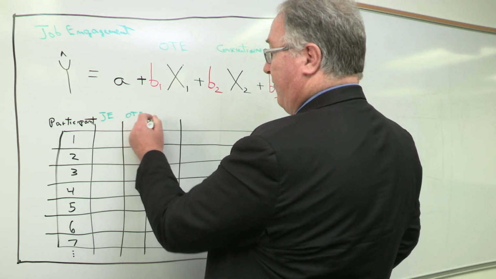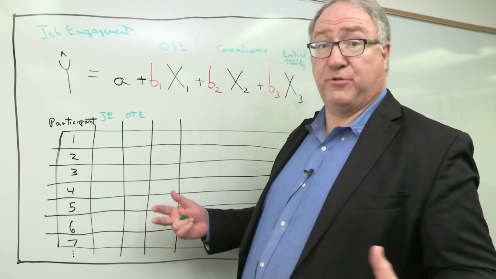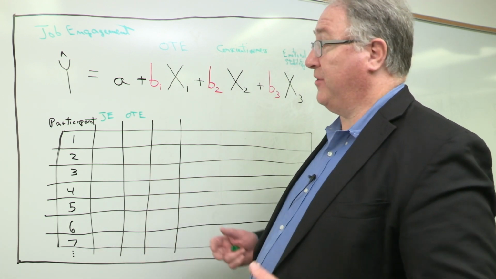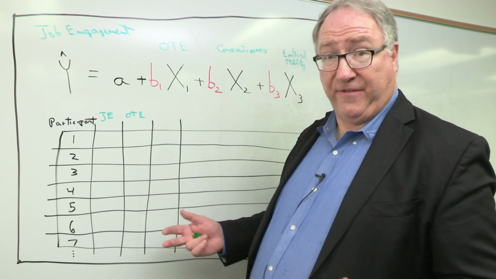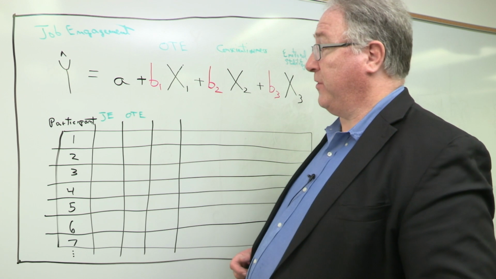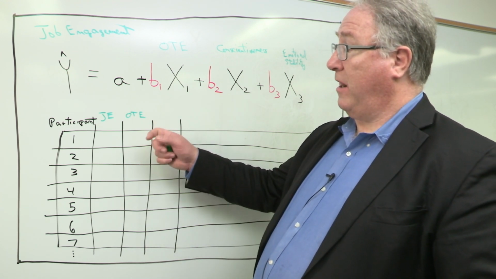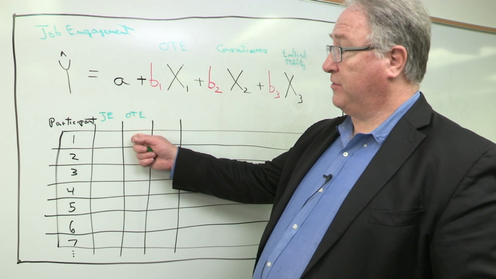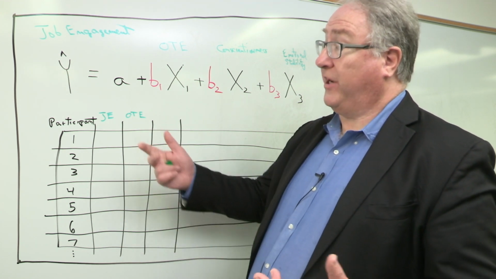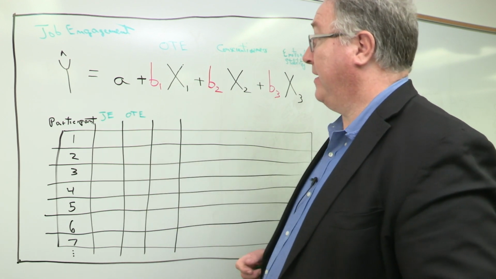And we're going to get, for each of our participants, a score on openness to experience. That's a subscale on this measure of personality, the 5-factor model we've talked about in previous discussions of the regression equation. And for each participant, we're going to get a score on this subscale of openness to experience, just like we'll also get from each participant a score on job engagement.